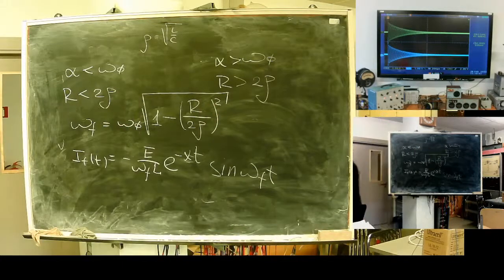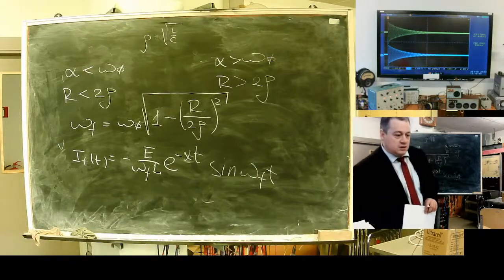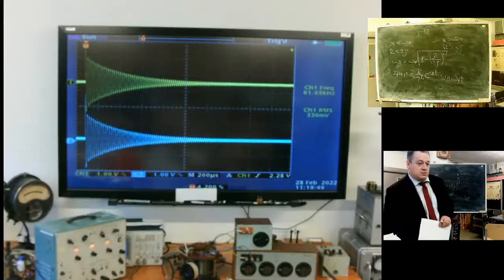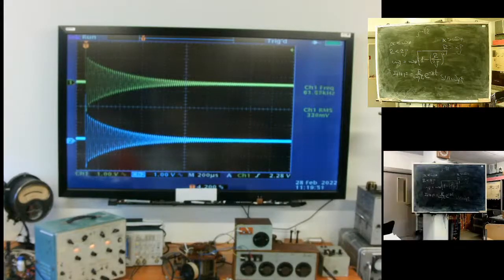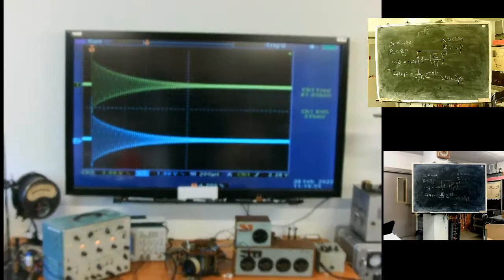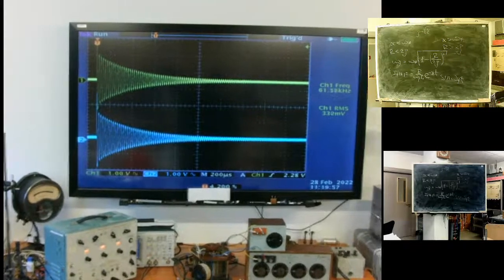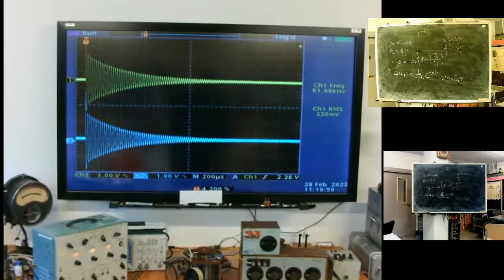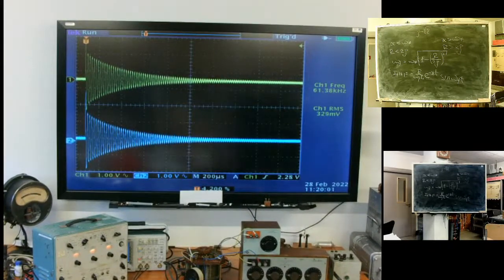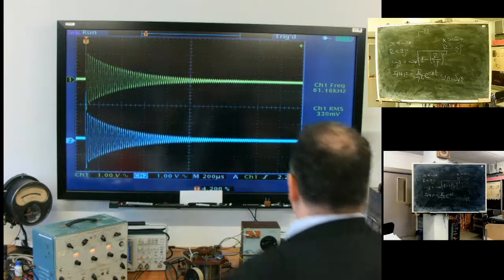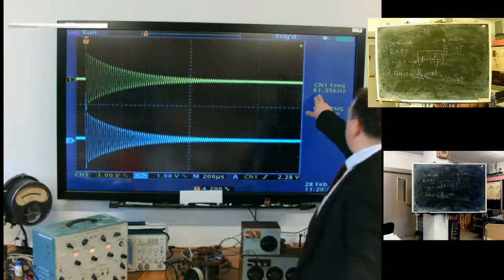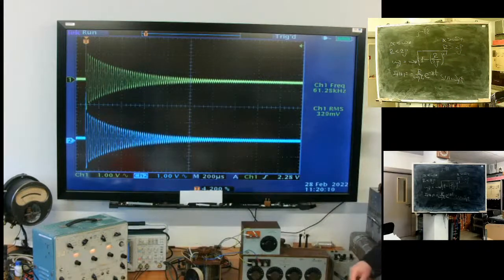Wait, wait 1 second, I will switch. Yeah, take a look at the frequency. See, now it's 61 kilohertz.